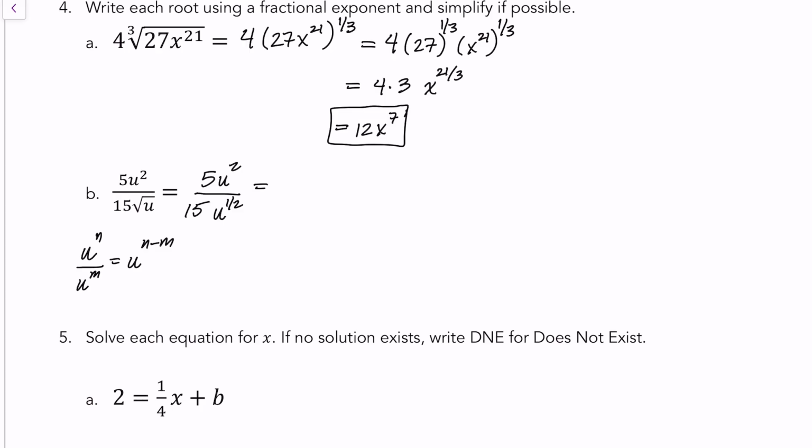And then 5 and 15 simplify a little bit, because 5 and 15 both have a factor of 5. So this is going to become 1/3 times u to the power of 2 minus 1/2. And 2 minus 1/2 is the same as u to the power of 3 divided by 2. Okay, and this is our solution.